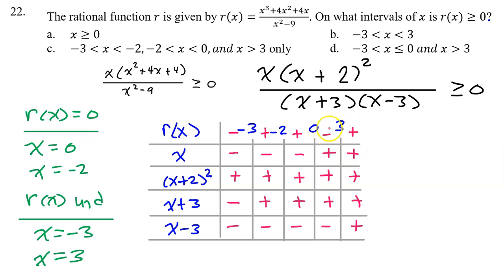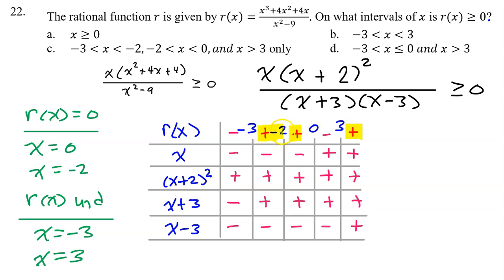We are looking for the intervals where r of x is greater than or equal to 0. So the solutions will be where r of x is positive. Okay, that's going to be in these intervals. But also where it is equal to 0. So that's going to include this -2, which is right in the middle of two other intervals.